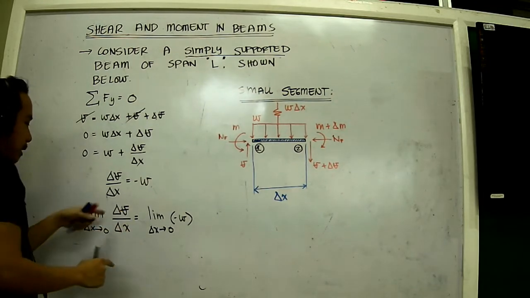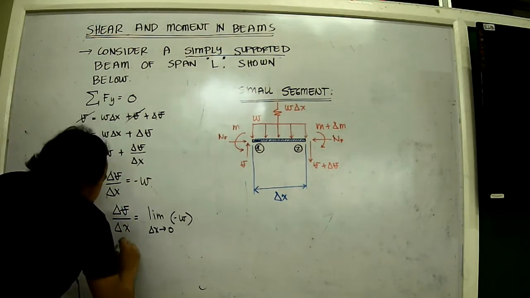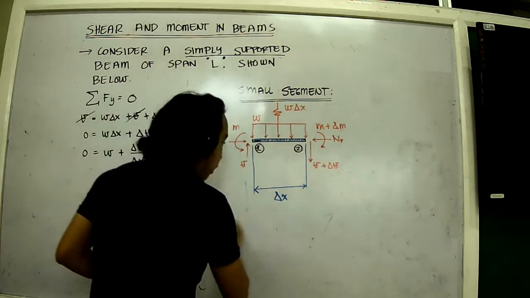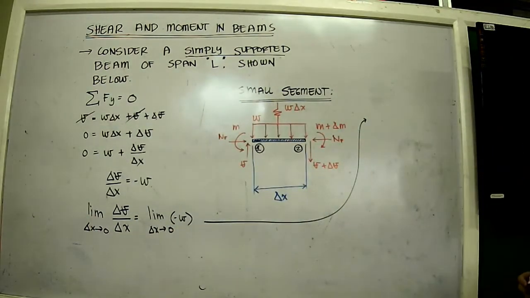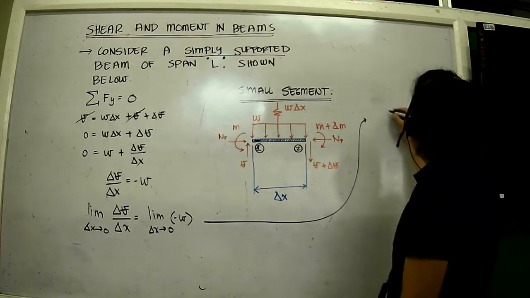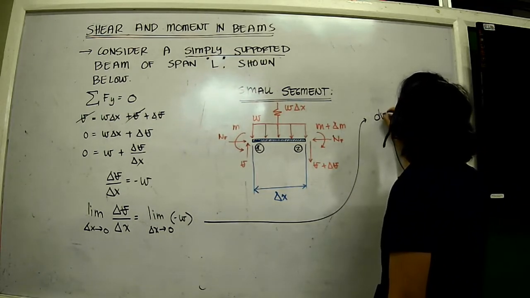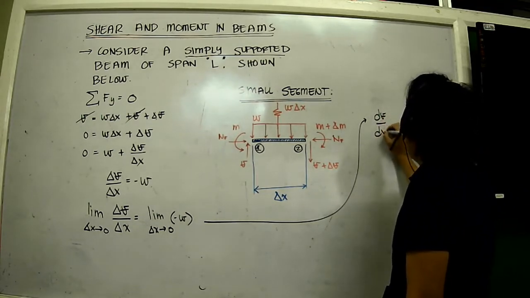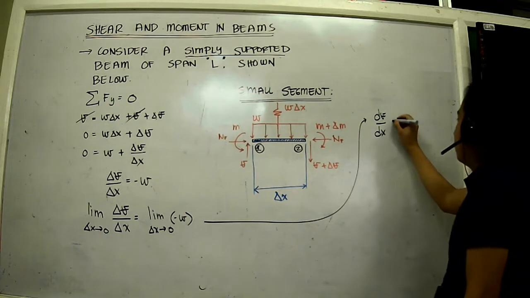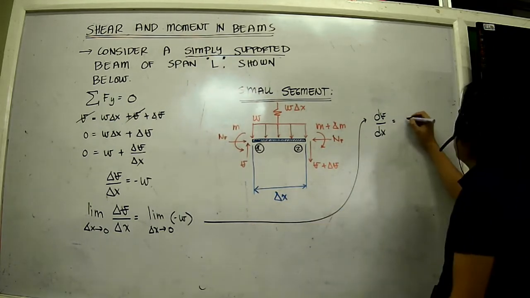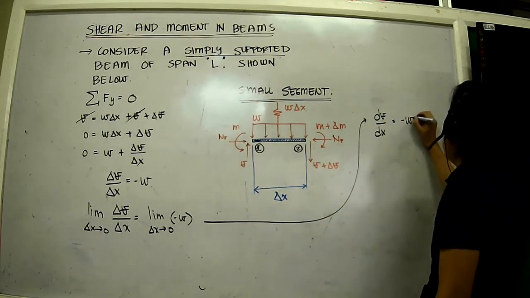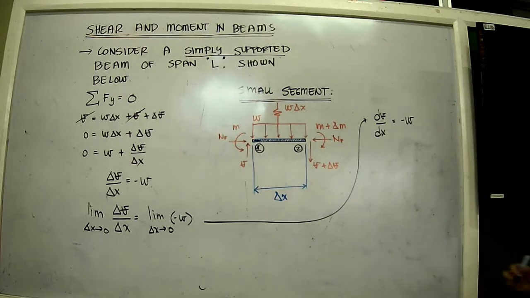Applying the limit theorem, it becomes dV over dx, and that is equal to negative W, since there is no delta x anymore.